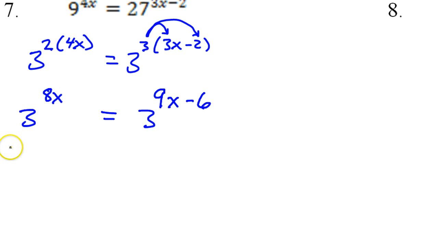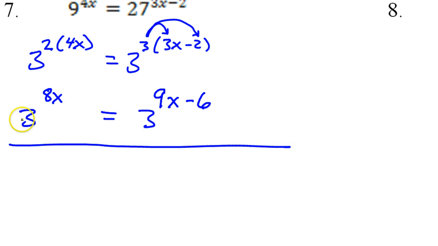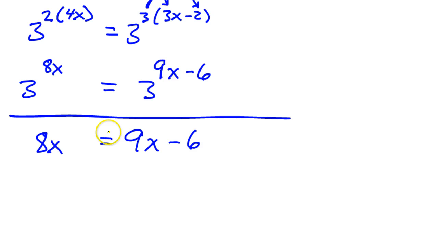Anyway, it's time for that logical jump. If the bases are equal, the exponents would have to be equal. So that means 8x must equal 9x minus 6. Nothing happened to the 3's. We're just using a little bit of logic.